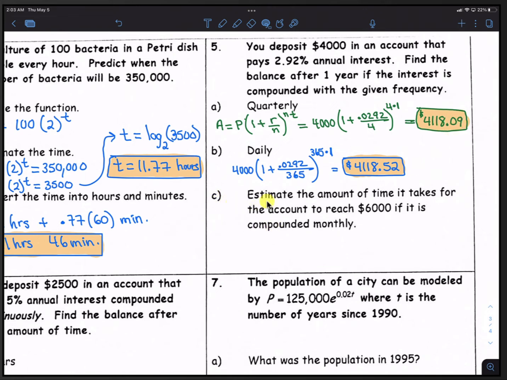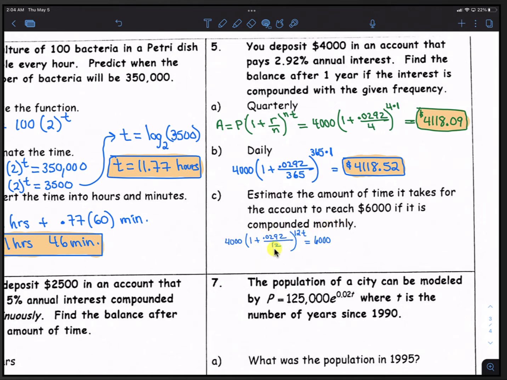All right, now part C. Estimate the amount of time it takes for the account to reach $6,000 if it is compounded monthly. Okay, so if it's compounded monthly, then we have to change n again to be 12 because there are 12 months in a year.